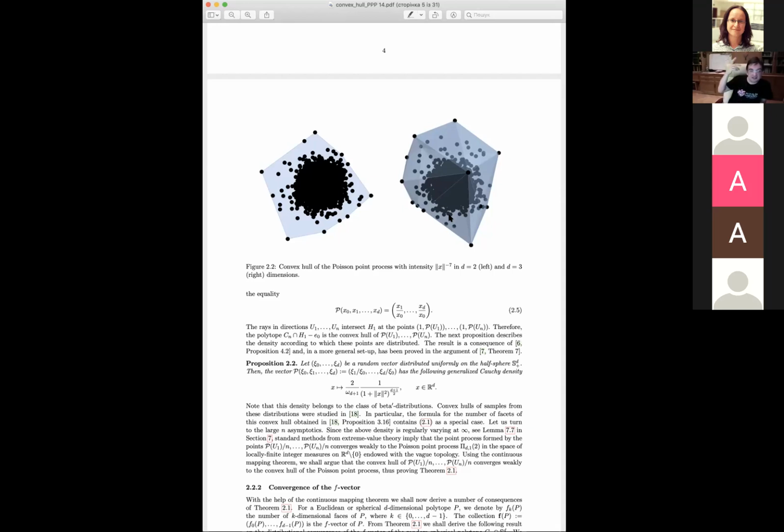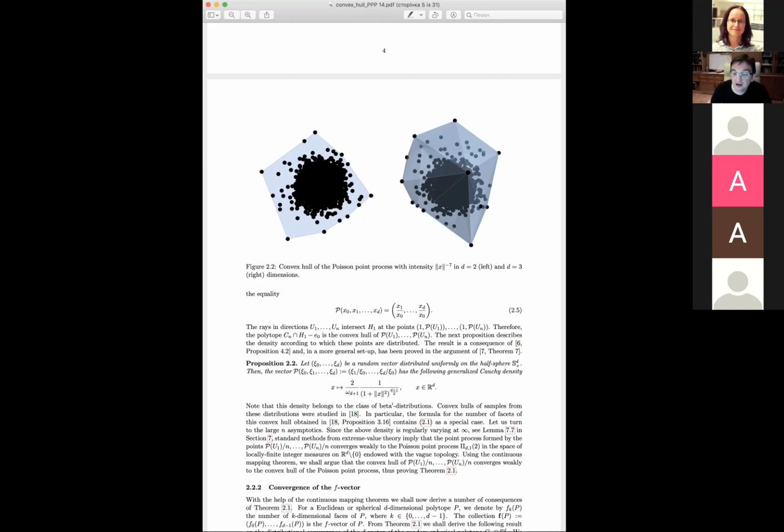We know that the intensity is integrable in a vicinity of infinity, and this means that the convex hull of this infinite set of atoms of the Poisson point process is a polytope. You can see this on these two pictures: a polygon in R^2 and a polytope in R^3. The majority of points concentrate in a small ball around the origin, and only finitely many fall outside this ball, and their extremes generate this convex hull.